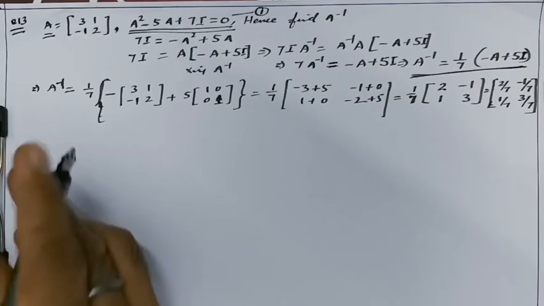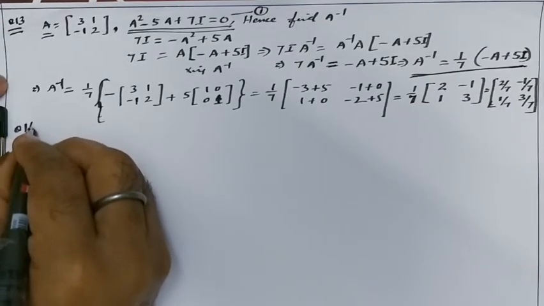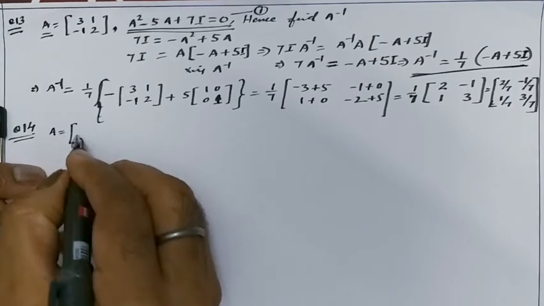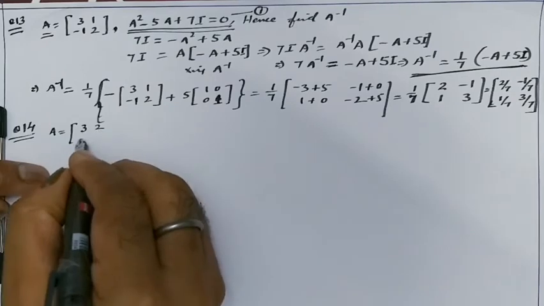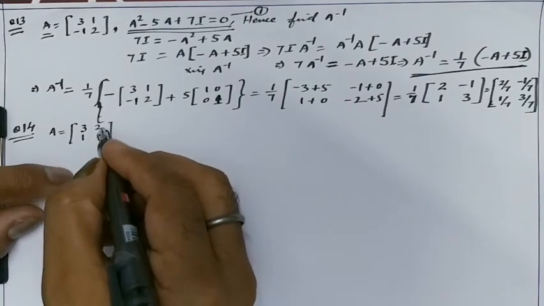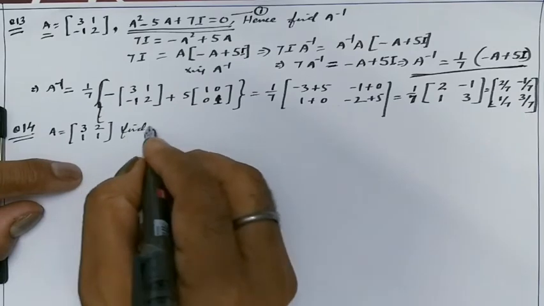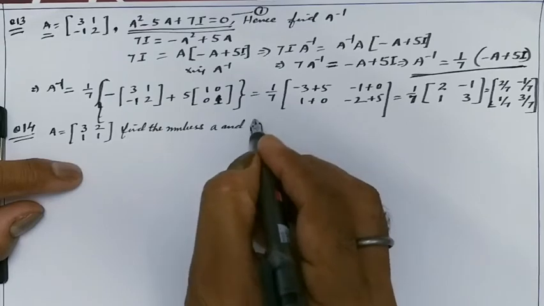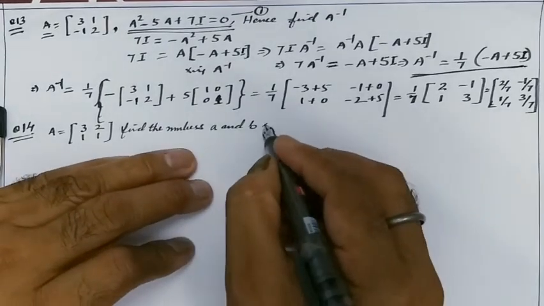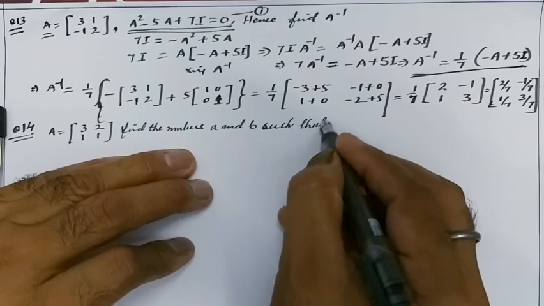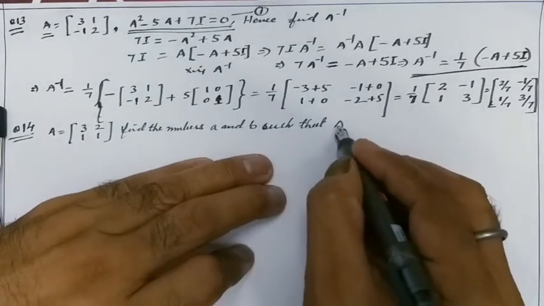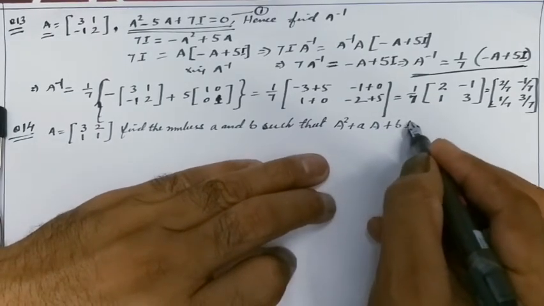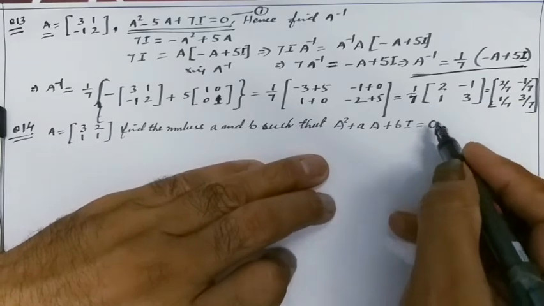Question number 14. For matrix A (3, 2; 1, 1), find the numbers a and b such that A square plus a times A plus b times identity matrix is equal to the zero matrix.